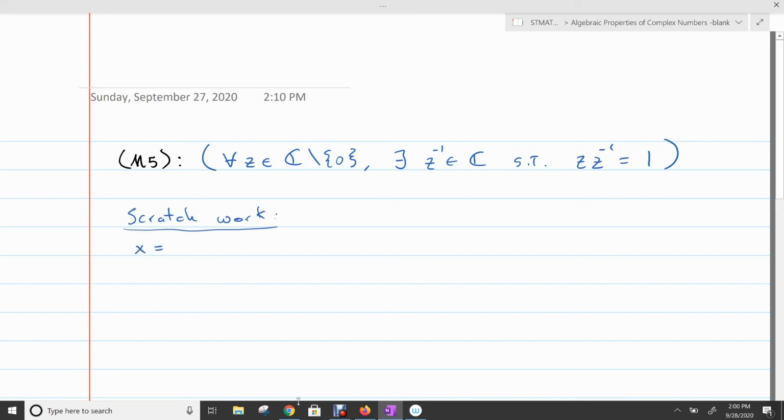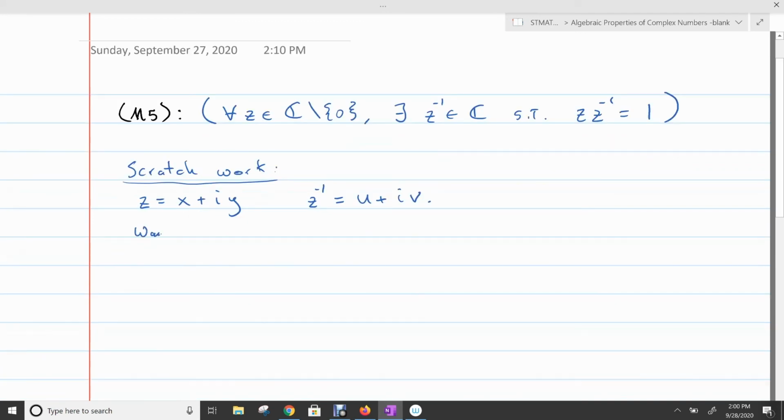So let's have our z be x plus i times y, and let's have our z inverse. We don't know that it exists yet, but we're going to pretend that it exists for a little bit and then see if we can figure out what it would have to actually look like. For the short term, let's just say z inverse is some other complex number. Let's write it as, say, u plus i times v.